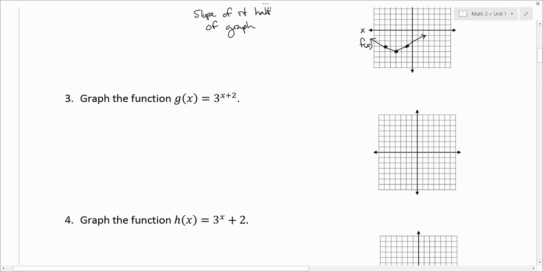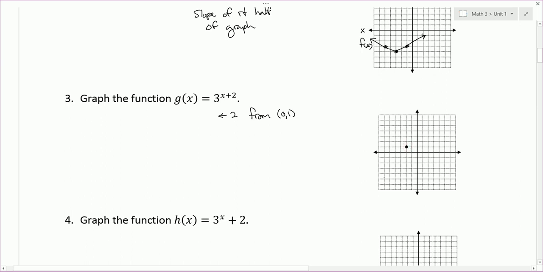In this case, that x plus 2, the 2 is up in the exponent with the x value, so that's going to translate us left 2 units. But here, be careful, we're not translating from 0, 0, we're translating the point 0, 1. So if we start at 0, 1 and move left 2 units, we're at negative 2, 1.